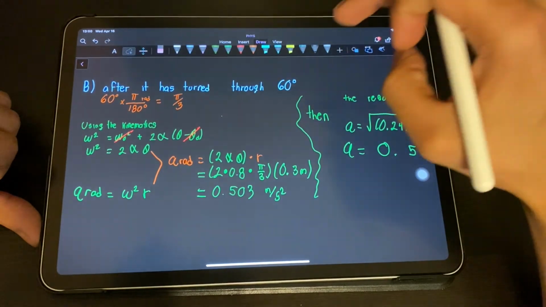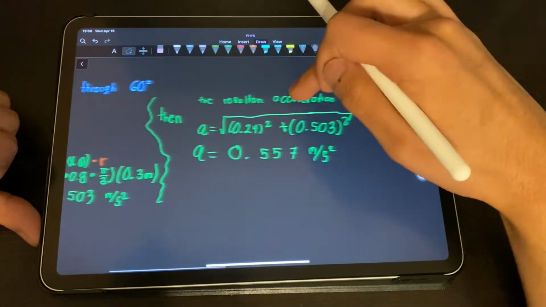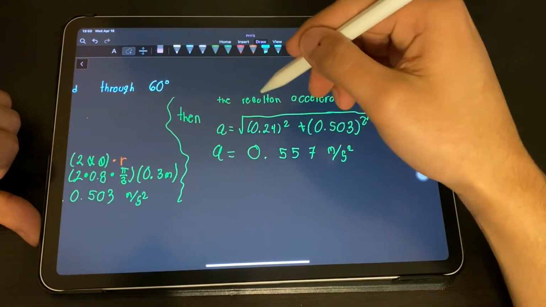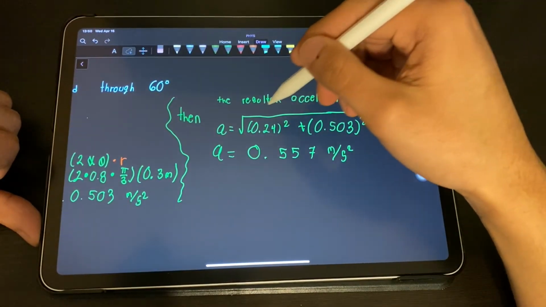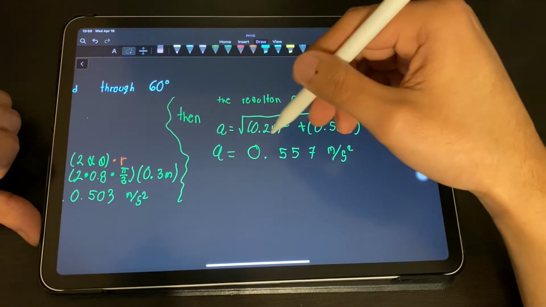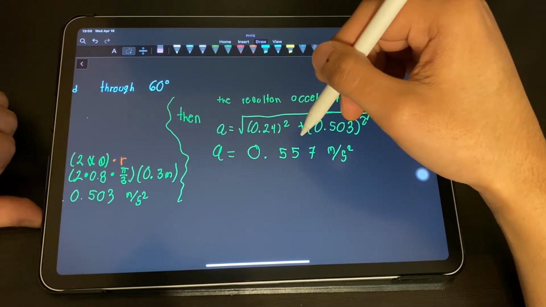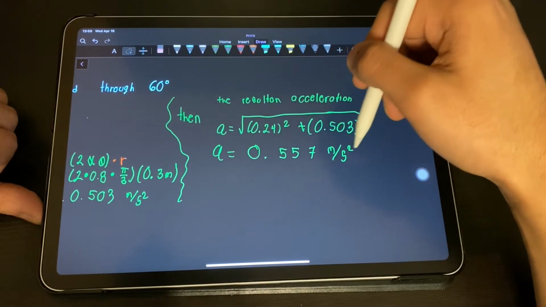So now we just find the resultant acceleration, which is the square root of both accelerations, the tangential and the radial, and we get 0.557 meters per second square.